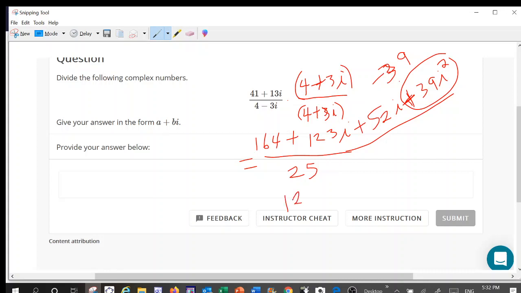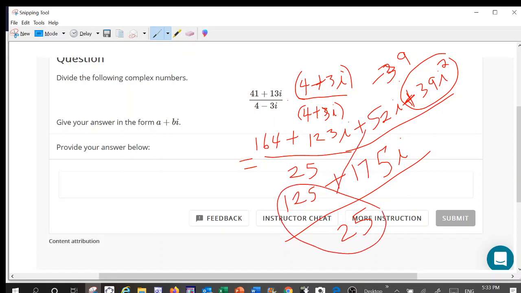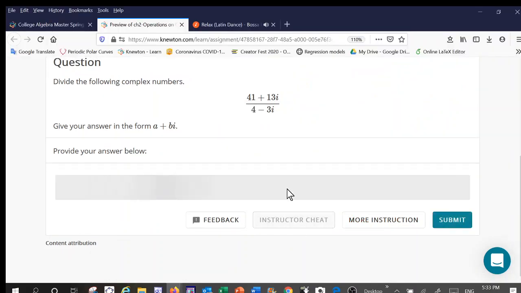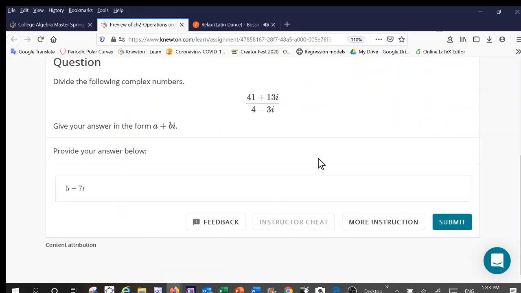So it would be 125 plus 175i over 25. Now 125 divided by 25, we can separate them, right, and write it as 125 over 25 is 5, and 175 over 25 is going to be 7, right? So the answer is 5 plus 7i. That's the answer.